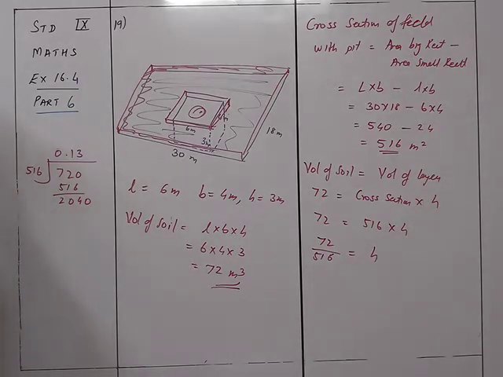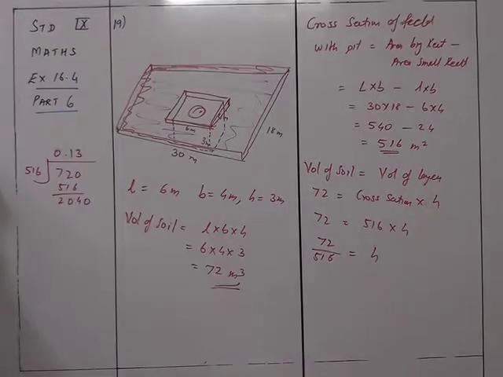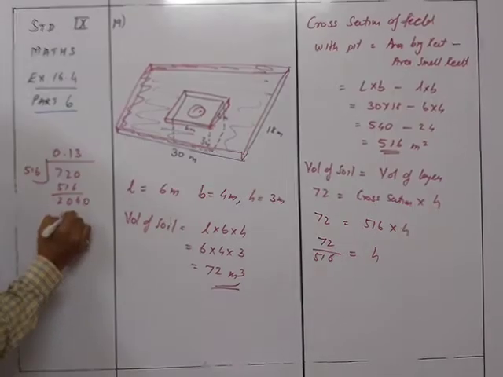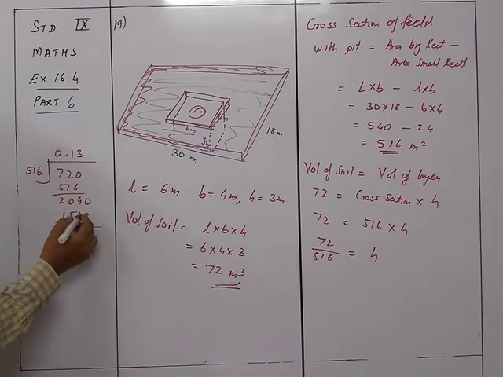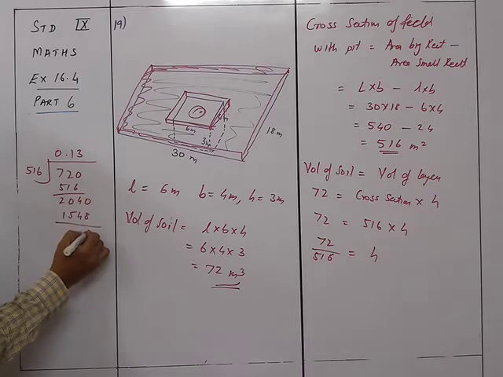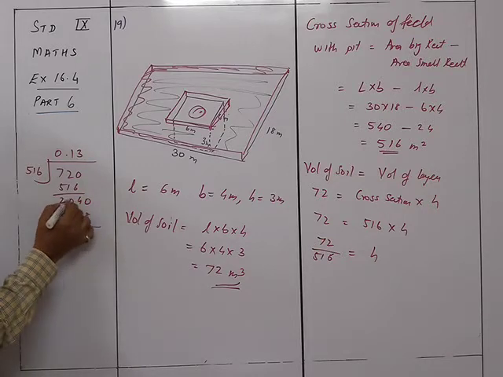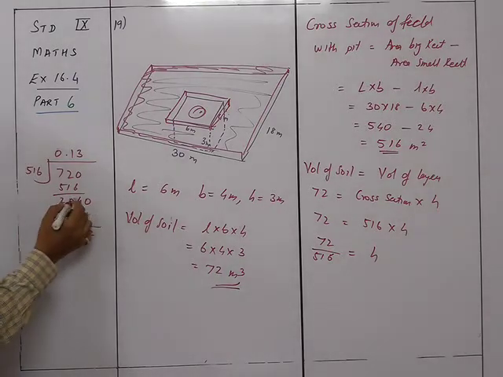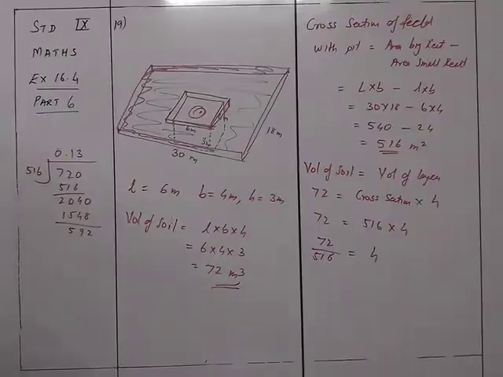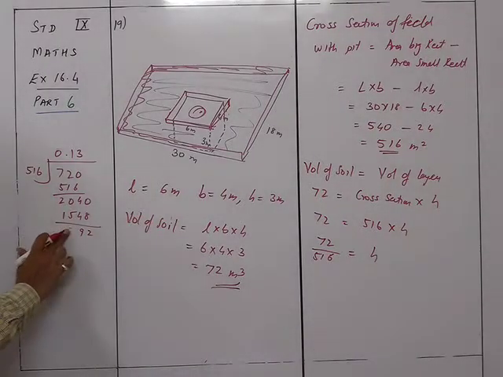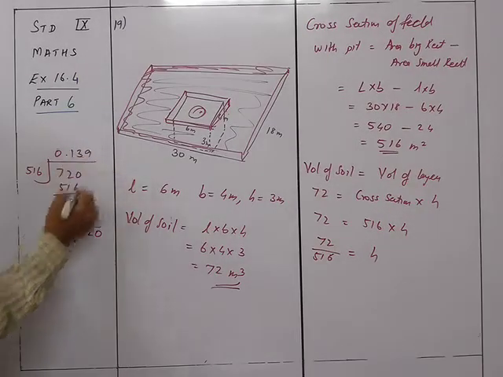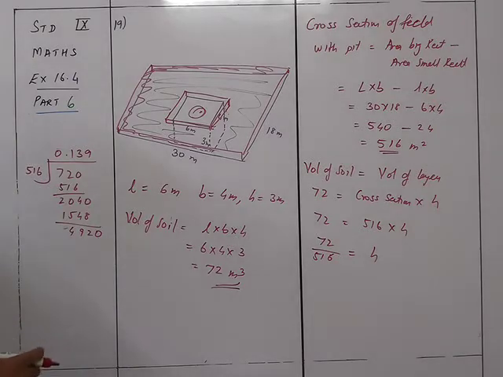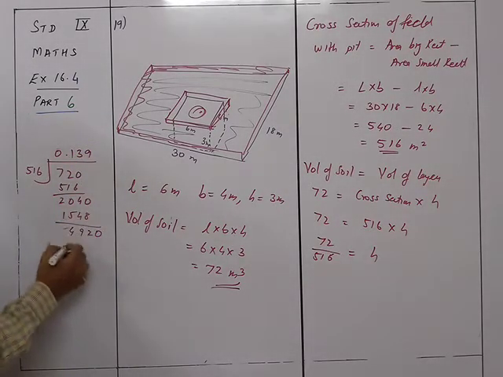So 1548 will be equal to 10. So 2 and 3 13. So 9 and then 10. Okay, then it will be 0 again. So this is sufficient enough. But anyway, it will be coming as 5 later on.